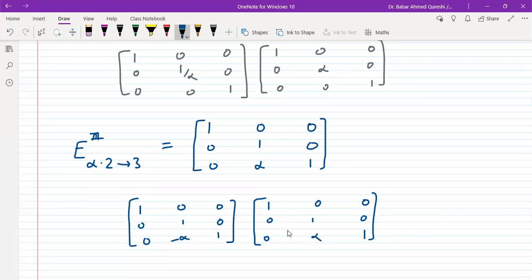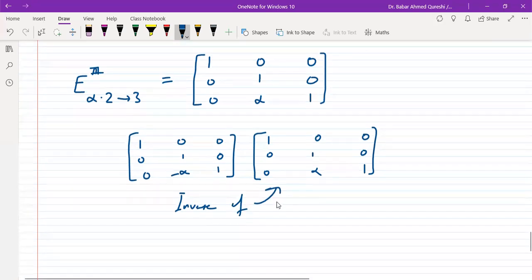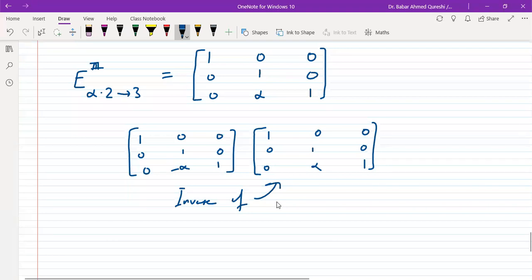You can also think of it like this: this guy achieves, on whatever comes on the right, adding alpha times the second row to the third row. So if I just subtract that, I will get the original matrix back. So that must be this guy. So this is the inverse of this guy, and they are inverses of each other, all of these guys.